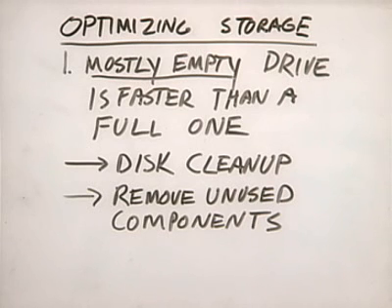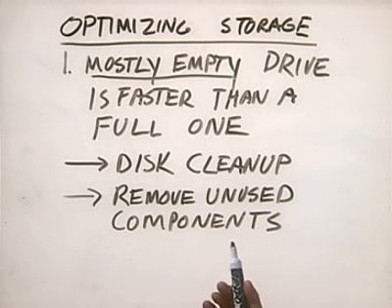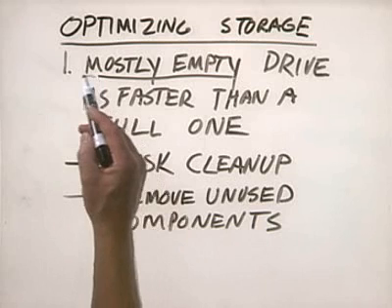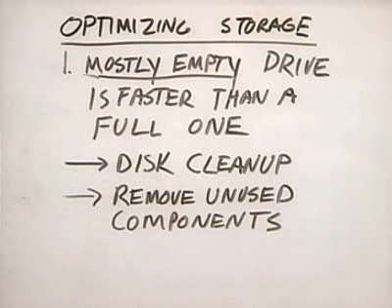These components use up space. One thing you can do is to go into Control Panel, go to Add Remove Programs, and then go to Windows Components and deselect different components that you never use. If you don't use them, you don't need them. Get rid of them off the hard drive, and again, you clean up space that doesn't need to be used, emptying out your drive and increasing its performance.